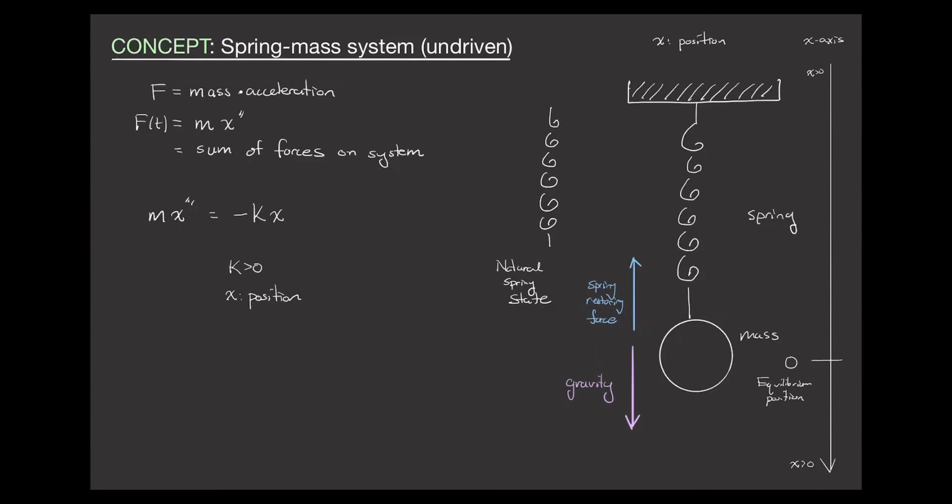If you have the spring here, and you have a position of, let's say, x is equal to -2. Well, when x is equal to -2, if k is positive, then this force is positive, which means that it's trying to send you back down this way. That's what the spring restoring force is doing.